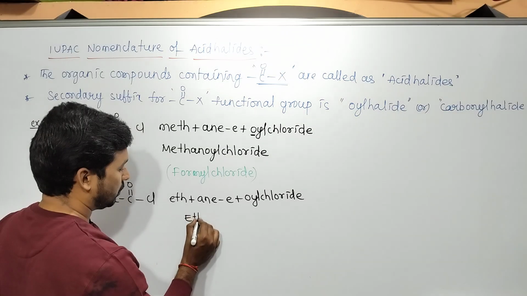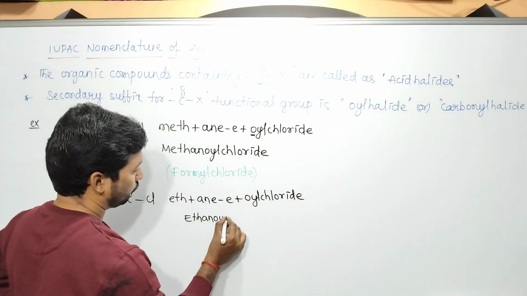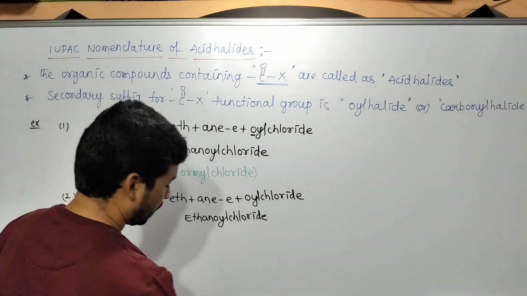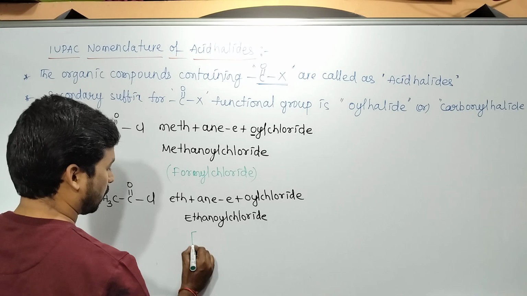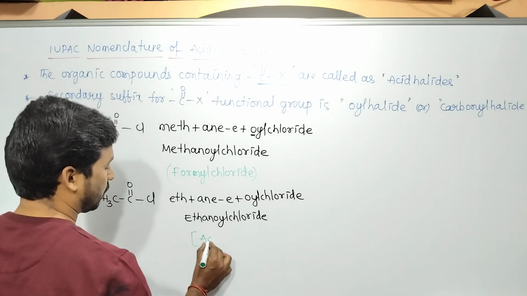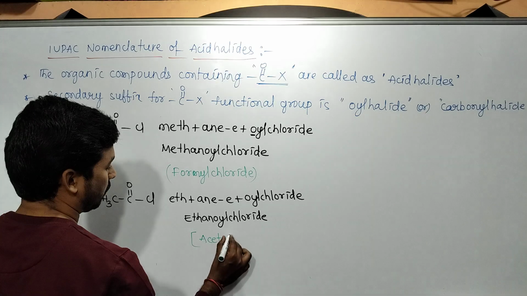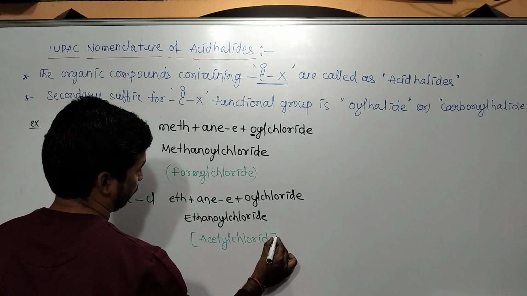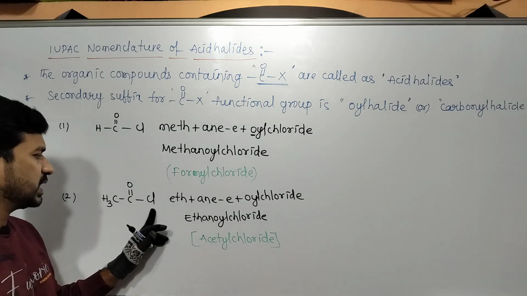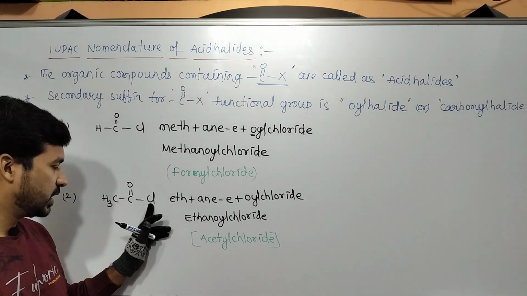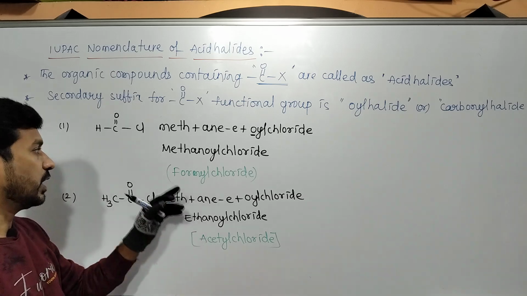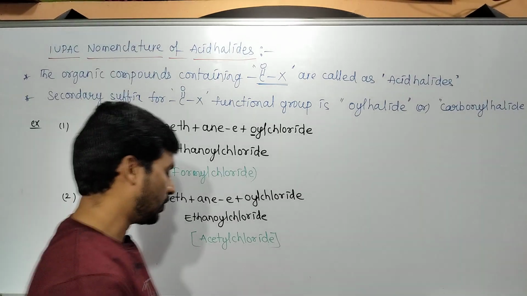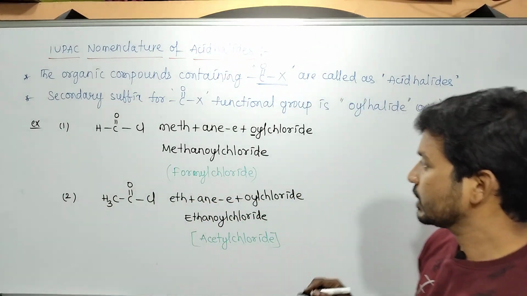The common name is acetyl chloride. CH3COOH is acetic acid. The acetic acid derivative is acetyl chloride. HCOOH is formic acid. The formic acid derivative is formyl chloride. Hope you understood. Next.